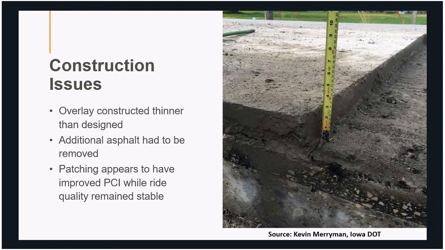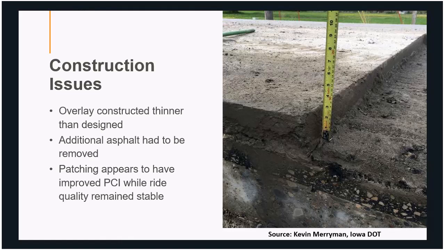Next, another issue that the DOT experienced was construction issues. The overlay was constructed thinner than designed. You can see over on the picture on the right here, it showed the thin section. It was about 3 inches as compared to the original design thickness of 4.5 inches. Slab cracking was severe in these thin areas, so patching was required to improve the condition of the pavement.